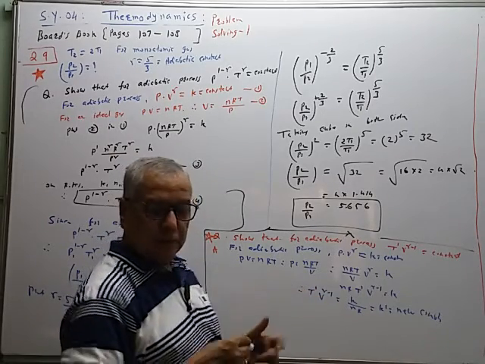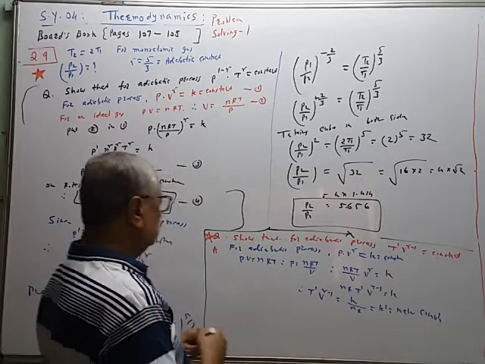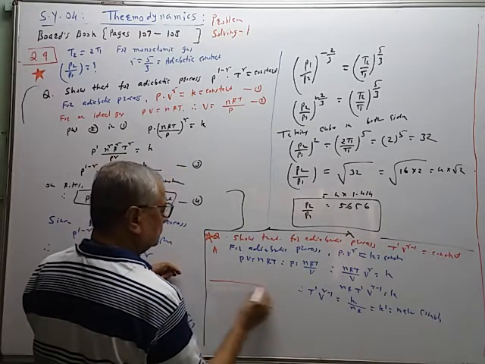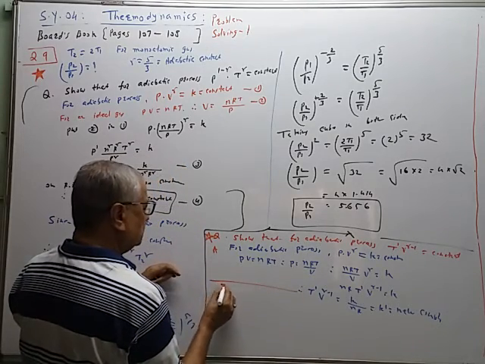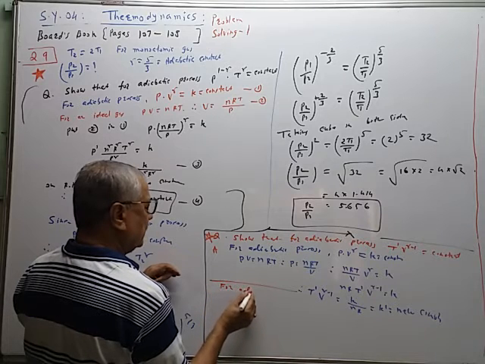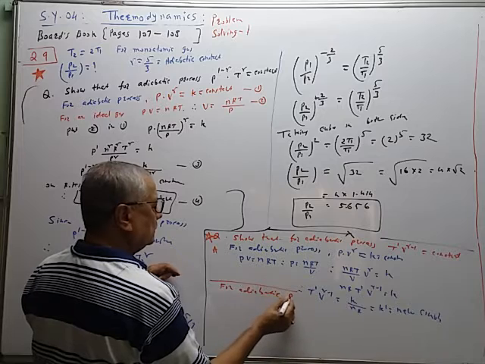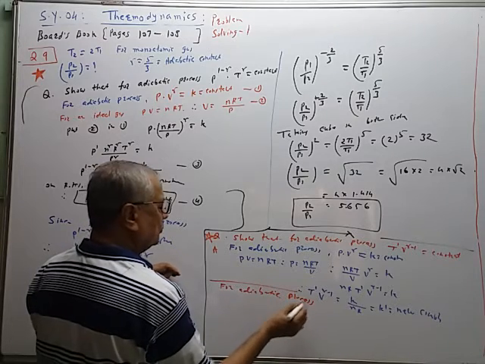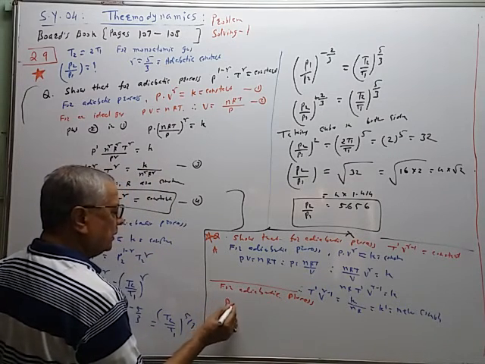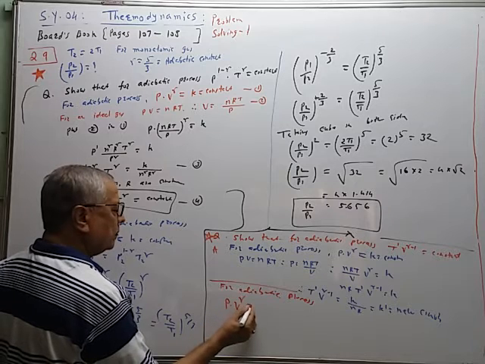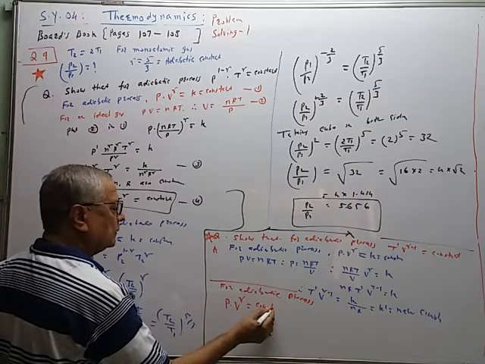So in short, for adiabatic process, P into V raised to gamma is equal to constant.